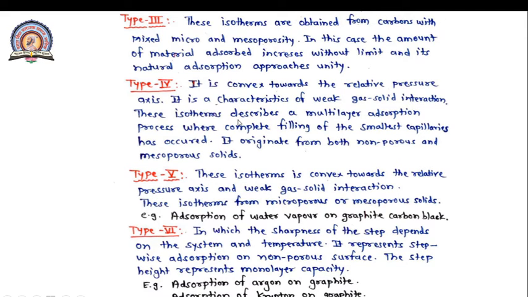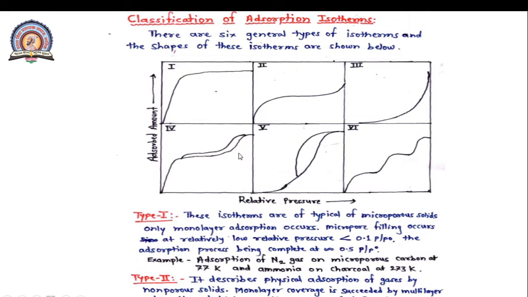These isotherms describe a multilayer adsorption process where complete filling of the smallest capillaries has occurred, and it originates from both non-porous and mesoporous solids. See the fourth graph, convex to the relative pressure axis. This is the shape of type 4.